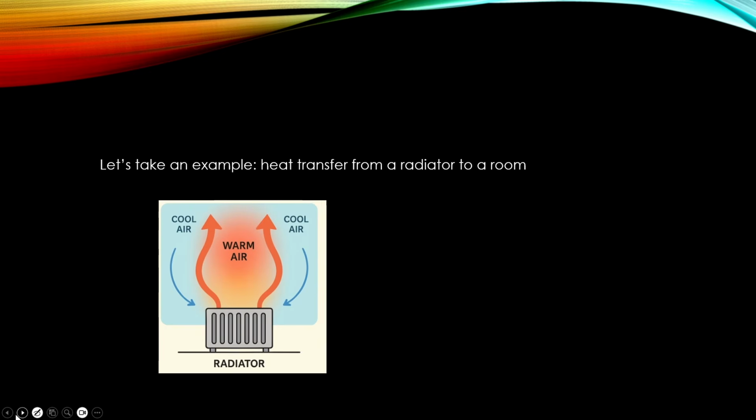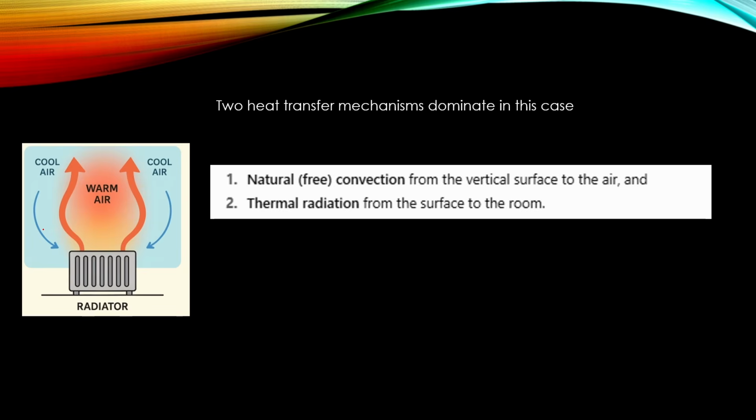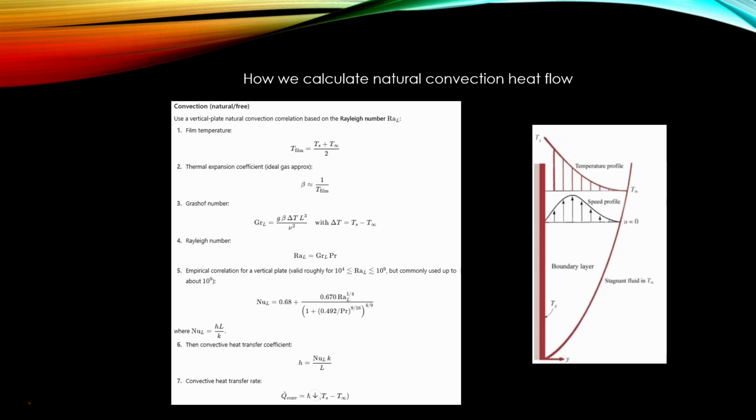Let's take an example and calculate the heat transfer from a radiator to room. In this kind of case we need to take into account both convection and thermal radiation. Here is seen how we can calculate the heat transfer from our vertical plate.